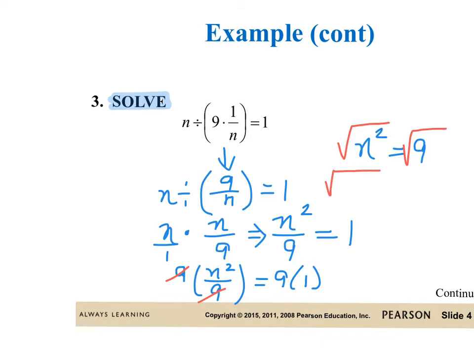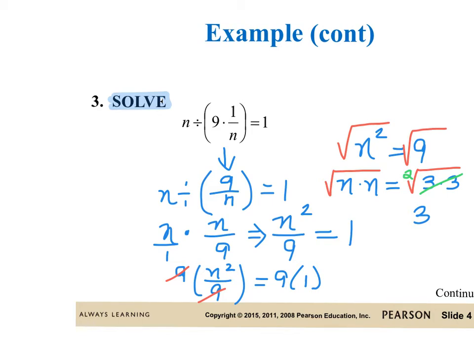which means that on the left-hand side, the square root of n squared is the square root of n times n, and the square root of 9 is the square root of 3 times 3, and a pair of 3's comes out from under the radical because it has an index of 2 and leaves us with just 1 3.